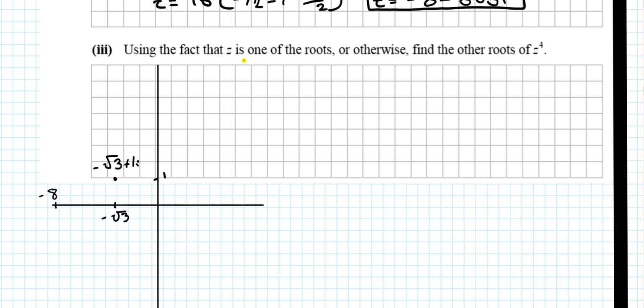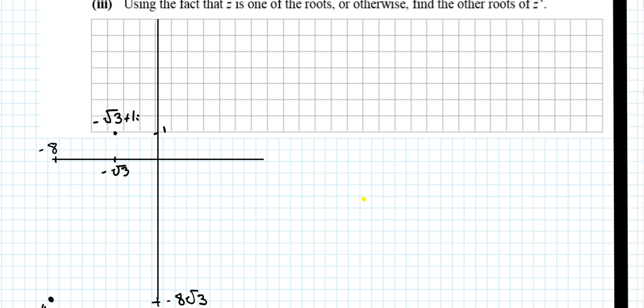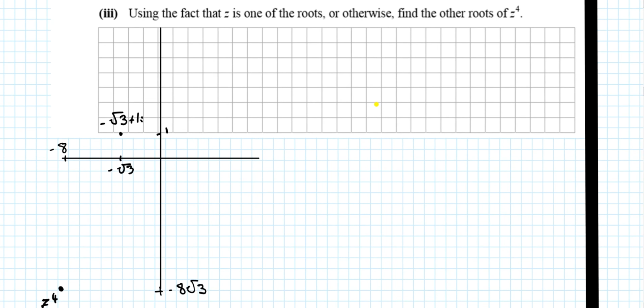It says using the fact that z is one of the roots, or otherwise, find the other roots of z to the power of 4. So I've just drawn out a little sketch here. We've got our real axis and our imaginary axis. We've got z to the power of 4 down here as minus 8 root 3i. We know z here is minus root 3 plus i.